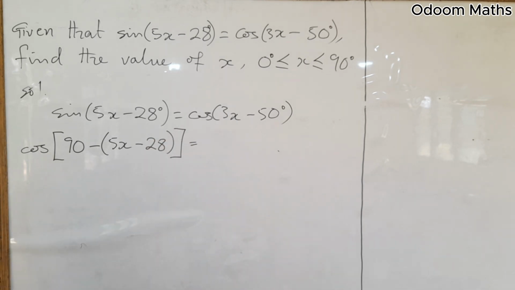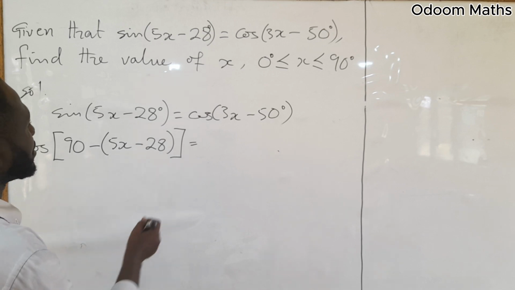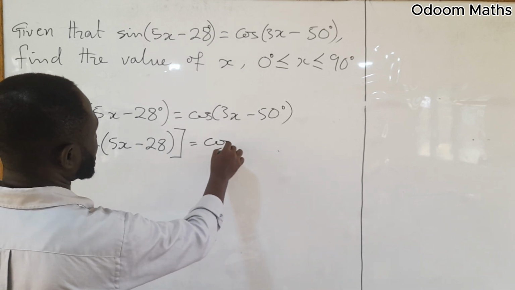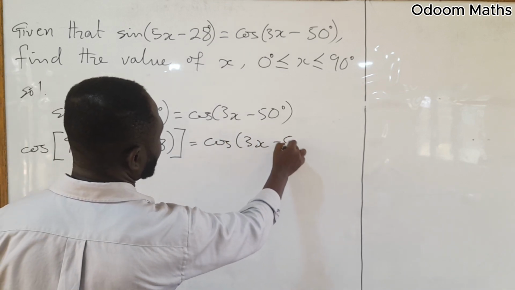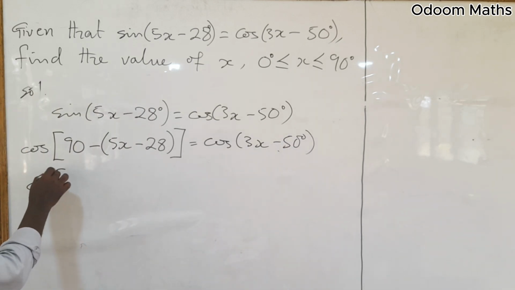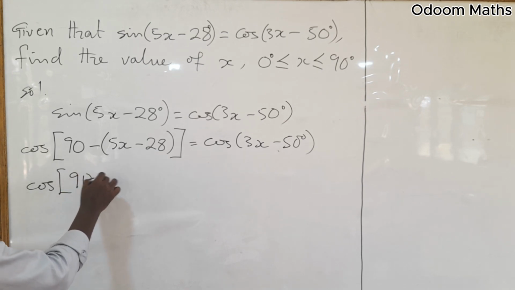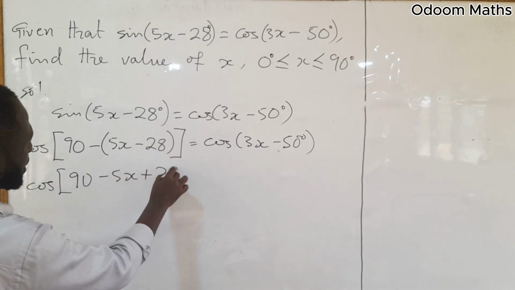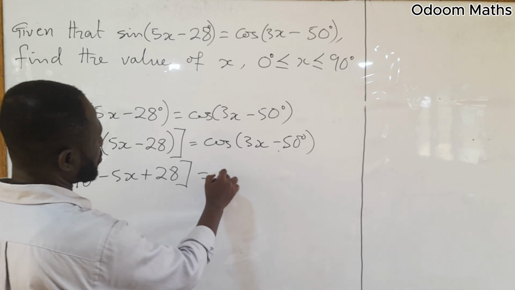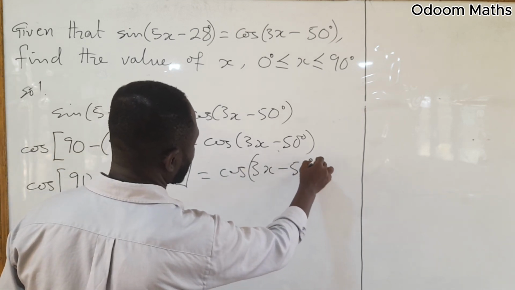When you are changing everything to cos, the sine of this should be the cos of 90 minus this. So that is equal to cos of (3x minus 50). This is going to give me cos of (90 minus 5x plus 28), equal to cos of (3x minus 50 degrees).